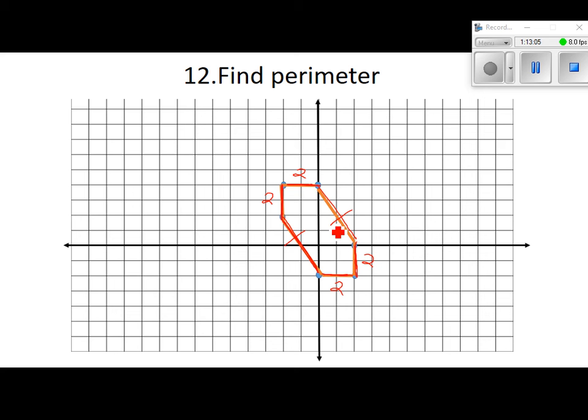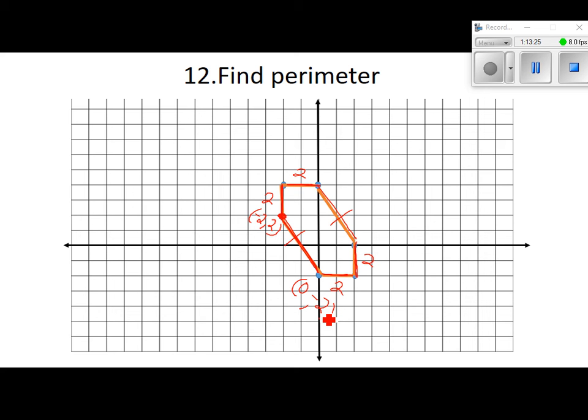The way we're going to find them is just by using the distance formula. The coordinates of this point right here is negative 2, 2. Coordinates of this point down here, 0, negative 2. And again, I'm not going to write all this out for this one.